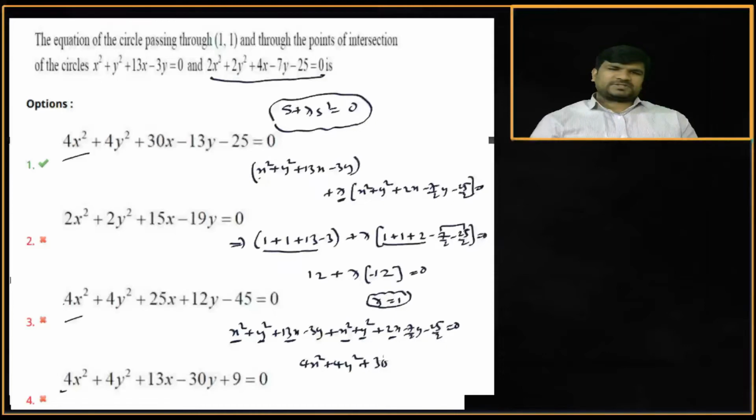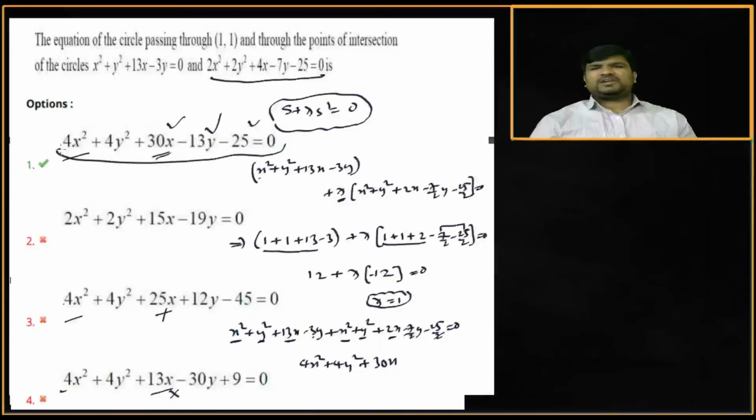So plus 30x. This is 13x, so wrong answer. This is 25x, wrong answer. 30x, and for the y terms, 2 times minus 3 is minus 6 and minus 7, so minus 6 minus 7 is minus 13y. Multiplying by 2, this 2 gets cancelled, just minus 25. So the first option is the right option.